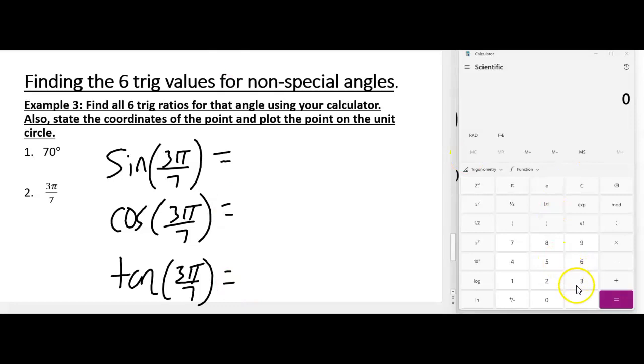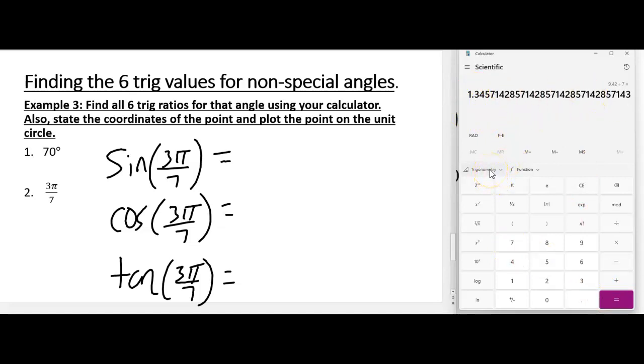Here we go. So 3 pi, where's my pi button? I guess I'll just put times 3.14 for pi. Some calculators will have that pi button. So 3 pi over 7, so divided by 7. So this is 3 pi over 7. It's just written in decimal form.